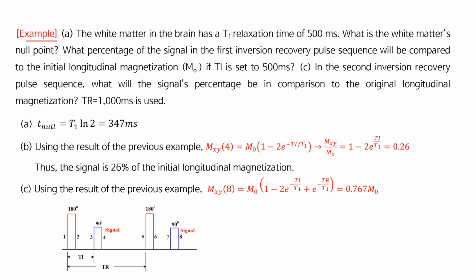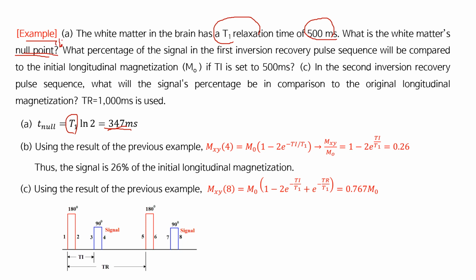Next example. The white matter in the brain has a T1 relaxation time of 500 milliseconds. What is the white matter's null point? The null point is easily obtained, right? T1 ln 2. So we can get the null point of the white matter. Next question. This is B, right?